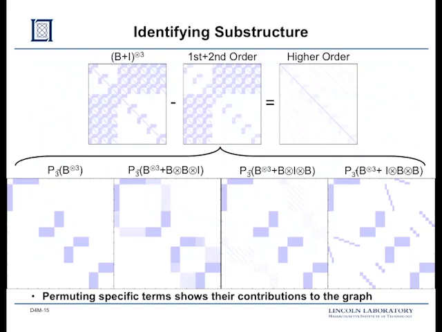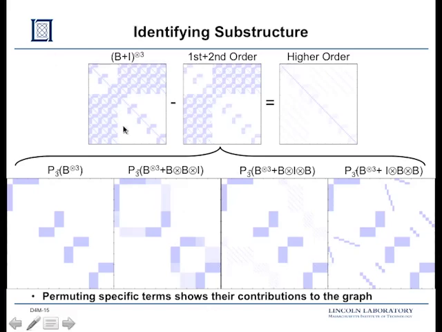To give you a better sense of what that means, here we have B plus I to the third power. That's what it looks like. If we subtract out the first and second order components, we're left with the interconnecting pieces. You can see that much better when we permute it.